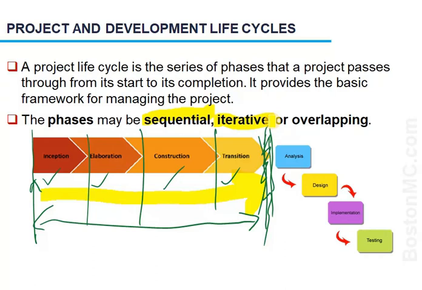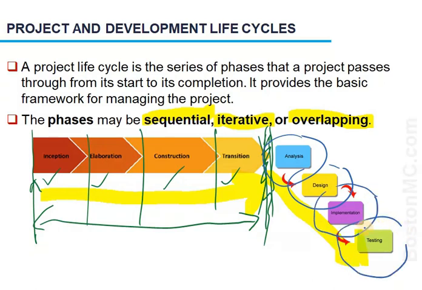And these could be similar type activities, having incremental benefits to the organization. They could also be overlapping, as shown in this example here, where you will see that the analysis phase did not complete, but design started already, and design did not complete, but then the next one started, and so on. So you see that there is some form of overlap, and that's called overlapping phases.